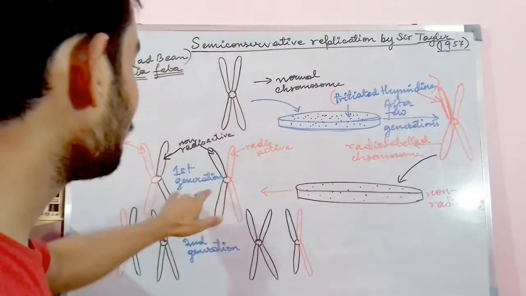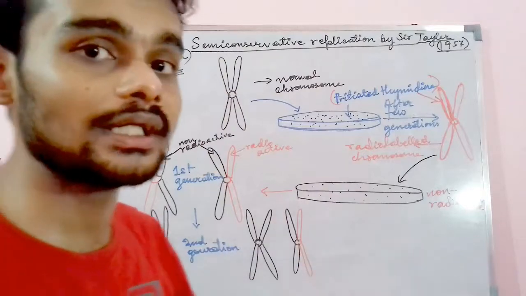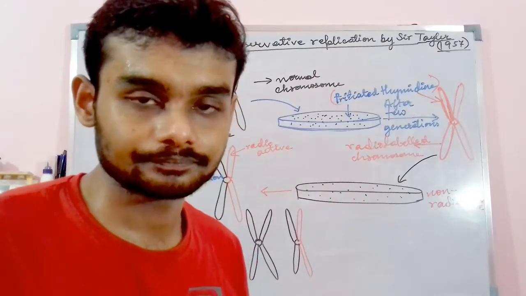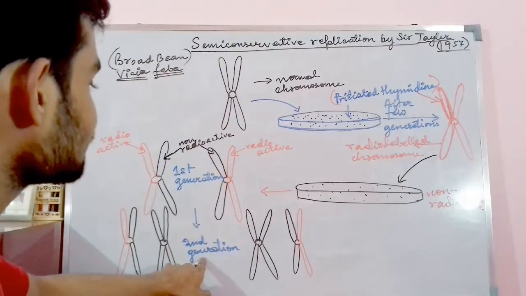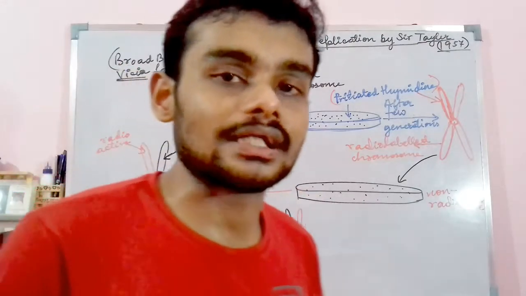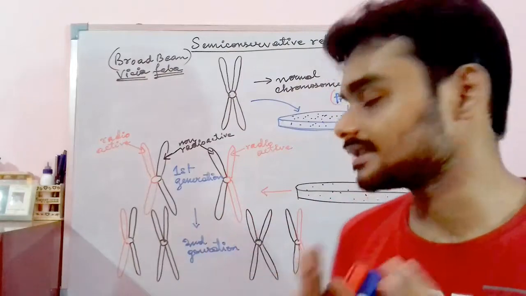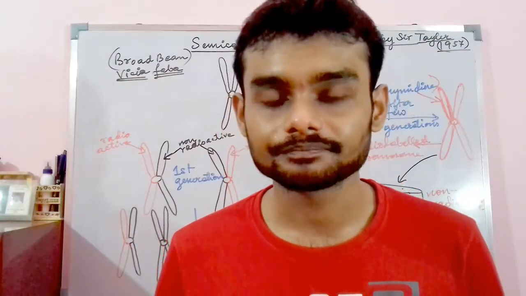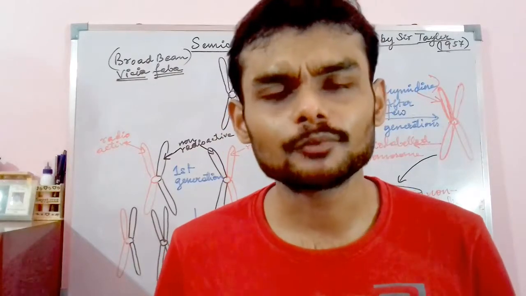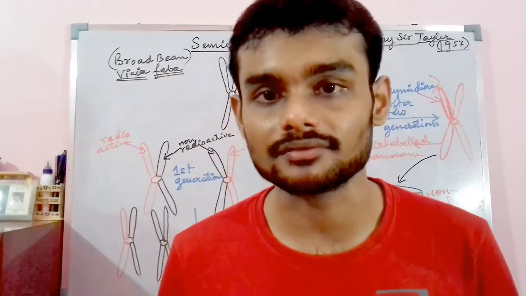Both the chromosomes, or all the chromosomes, were showing an equal amount of radioactivity. And in the second generation, there was a difference. Half of the chromosomes were not showing radioactivity, and half of the population of the chromosomes was showing radioactivity.